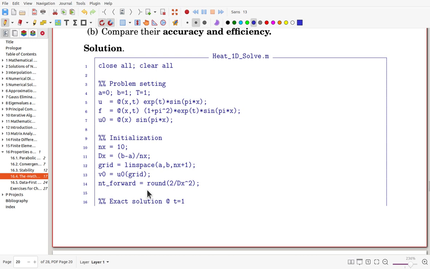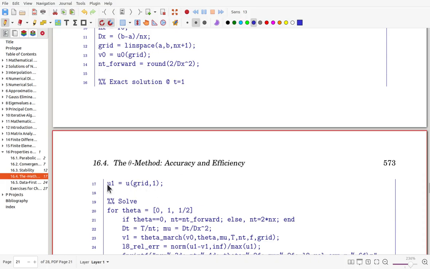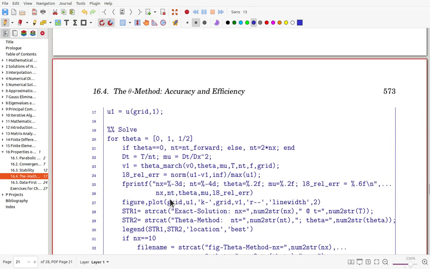Now once we are using the forward Euler method, then the number of time steps must be chosen in this way. Once it is smaller than that, it may blow up, so we will try to use this quantity. The exact solution at T1 can be found in this way.